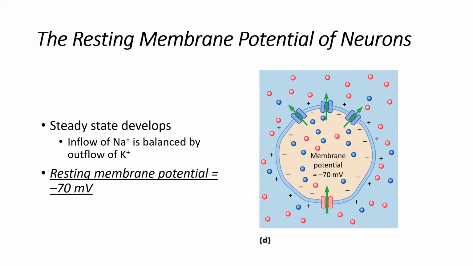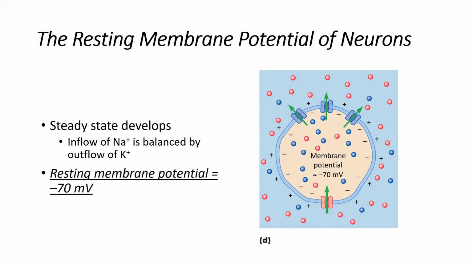Potassium has a weaker force to get out of the cell, but it's got more opportunities, right? It's got more doors, more channels to do so. And so that brings us to this steady balancing of both of those ion movements. So the thrust of sodium into that one channel is balanced out by the trickling of potassium through many channels, okay? And then we arrive at that steady state.